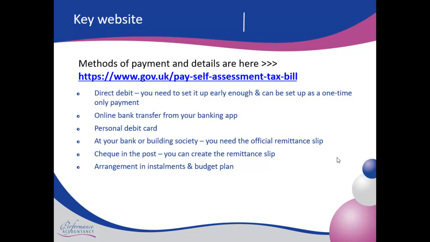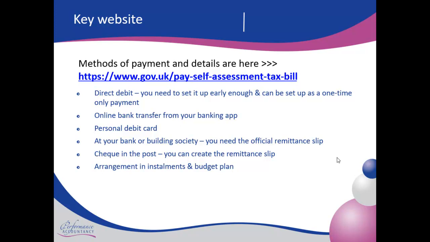You also now, for some strange reason, can't go to the post office and pay it. Really weird. So the options that are available are direct debit. You can set up via your online account a direct debit payment, and you can set it so it just takes one payment from you. You can do an online bank transfer if you've got online banking, direct to their bank account.